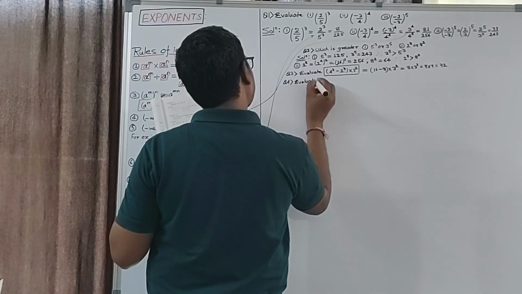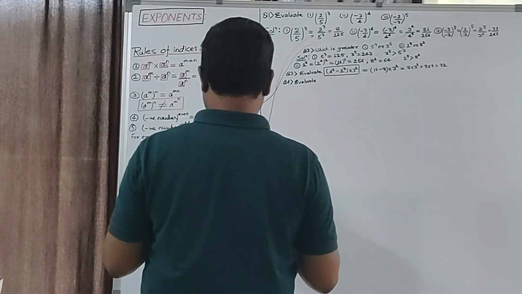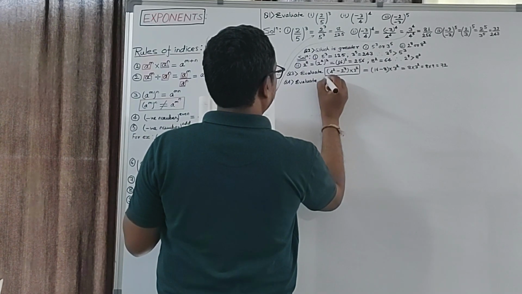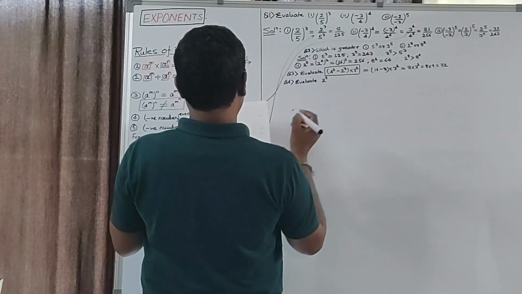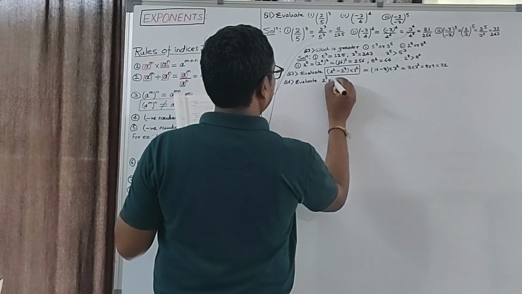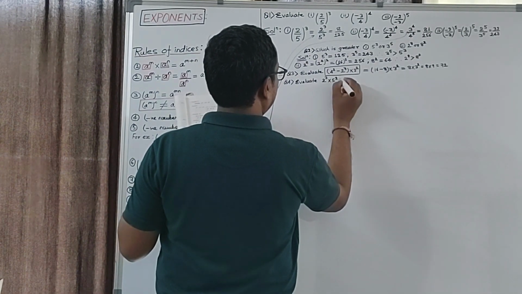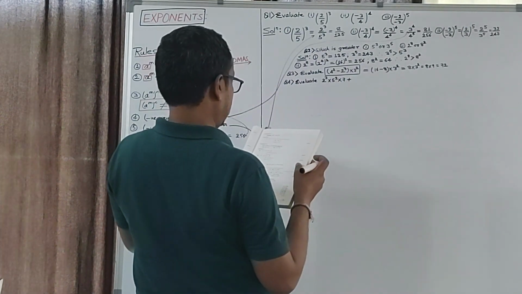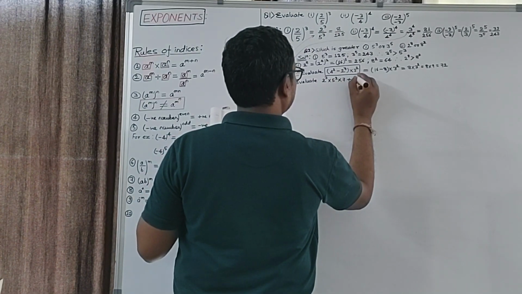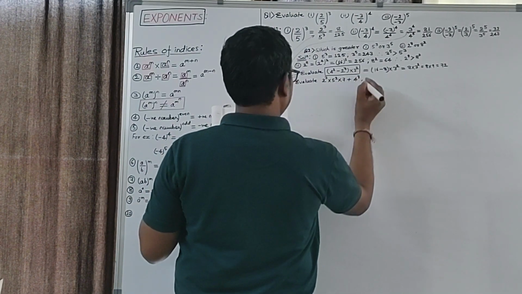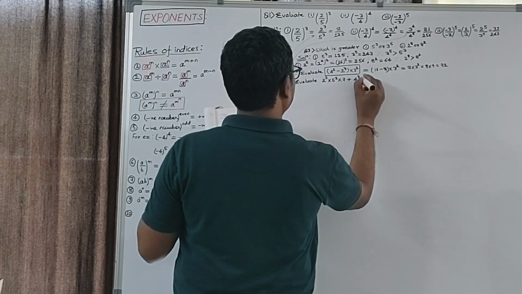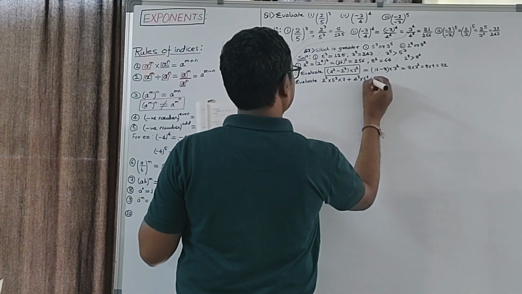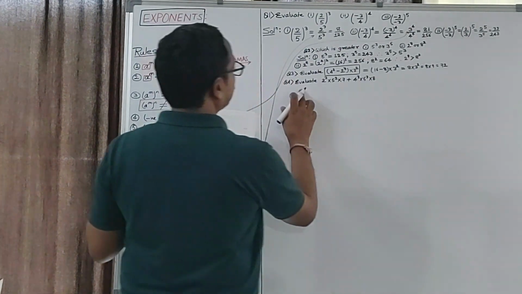Evaluate 2 to the power 3 into 5 square into 7, plus 4 to the power 3 into 5 cube into 8. So we have to evaluate this.